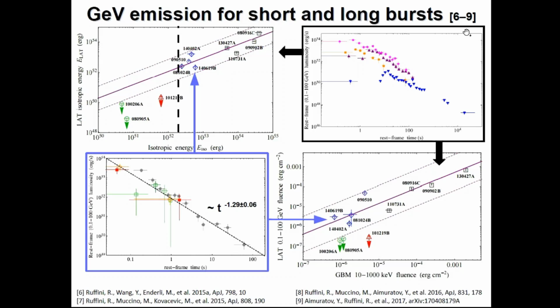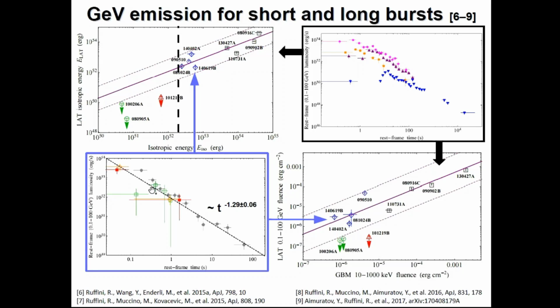In fact, on this purpose, these luminosity light curves in the rest frame of 100 GeV, here highlighted in black, are just to say that these are luminosity light curves of long GRBs with energy larger than 10^52 erg. And for the same reason, these are the short GRBs with energy larger than 10^52 erg, and these are the luminosity light curves in the rest frame energy band 100 GeV.